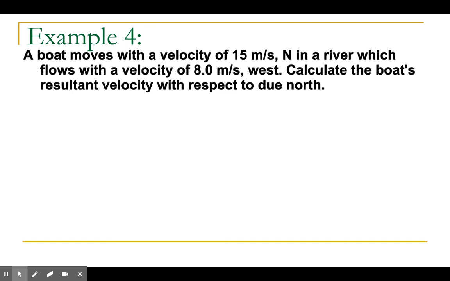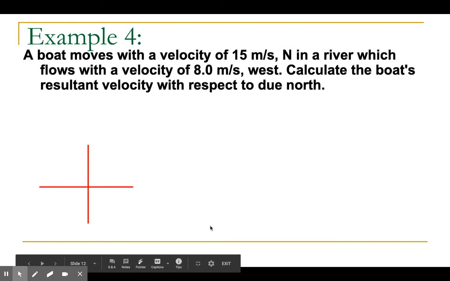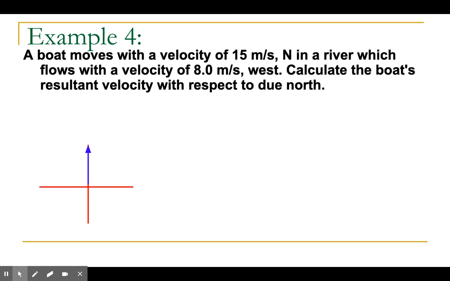So we treat this as we've treated each other vector problem. We draw our xy Cartesian plane. We start at the origin and we represent our vectors using arrows. In this case, the first vector listed points due north.